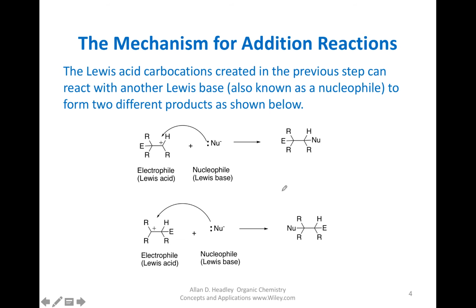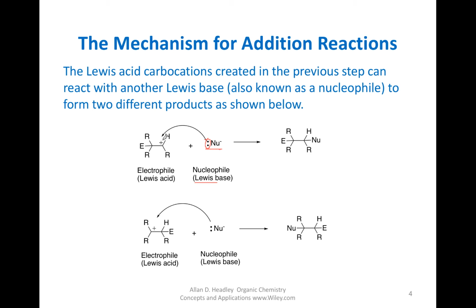In the next step, as you can imagine, if there is a nucleophile present, Nu, which we'll define as a nucleophile, which is also a Lewis base because it has an unshared pair of electrons. So these are synonyms that we'll use from here on: nucleophile, Lewis base, electrophile, Lewis acid.